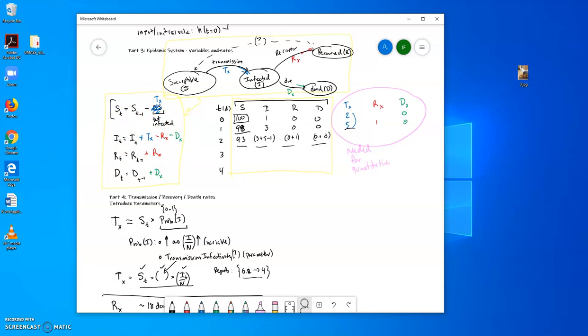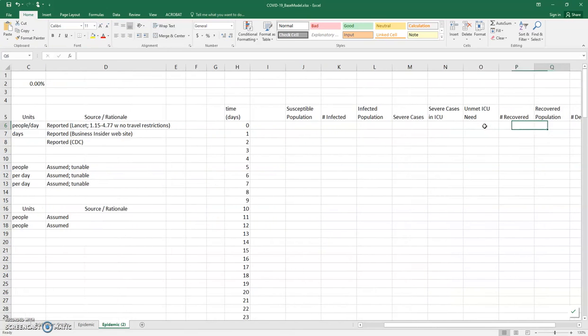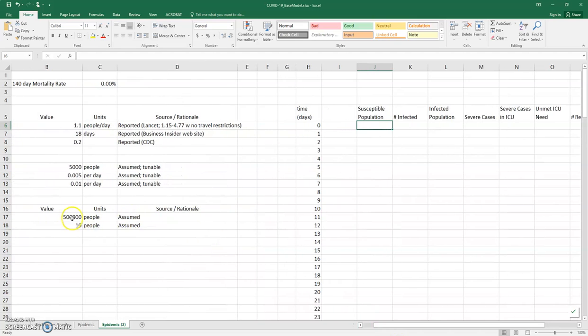And so let's begin in the spreadsheet with actually implementing the simple set of all these change functions. Turns out that that's easier to do than it sounds, even if we don't know the number of people who get infected in any one day. We have to build in some initial conditions, so the susceptible population on day 0 is just going to be equal to the number of people who don't have the disease.